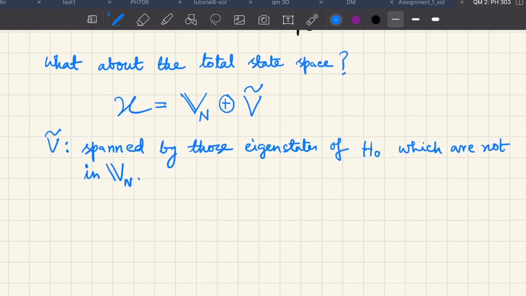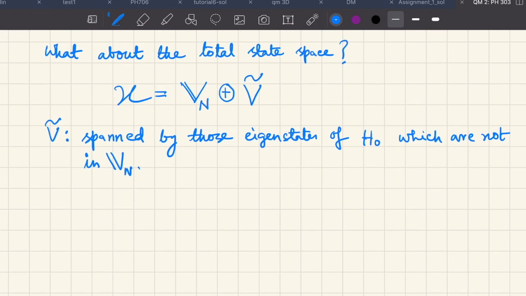Okay, so let me first write about this V tilde. V tilde will consist of the span of these kets P naught, where P belongs to some numbers.